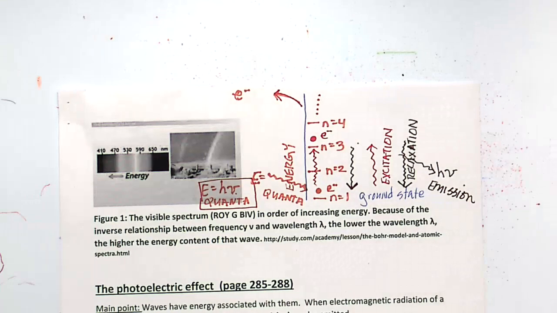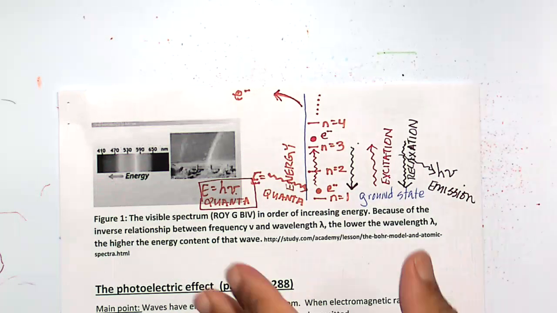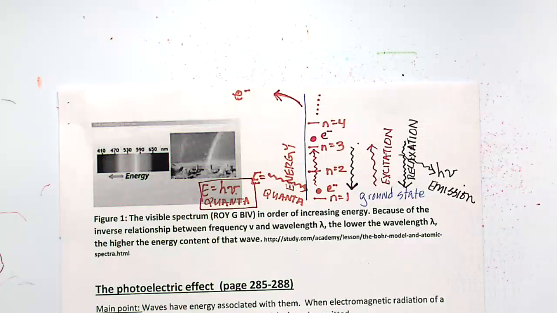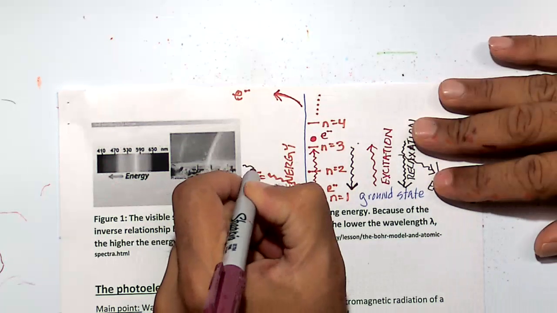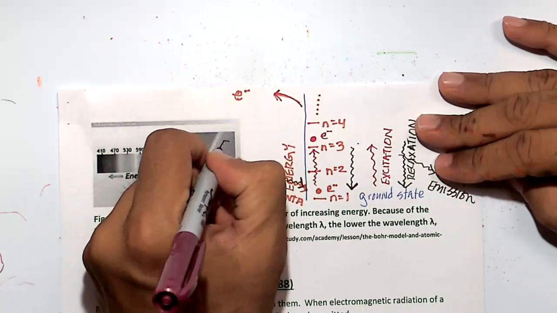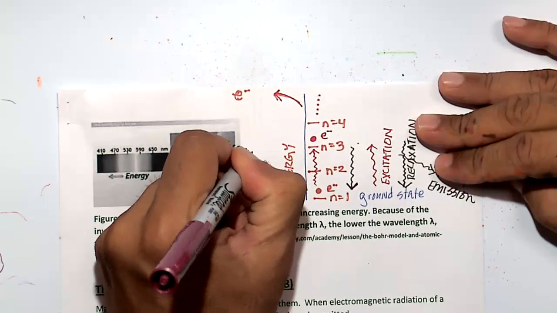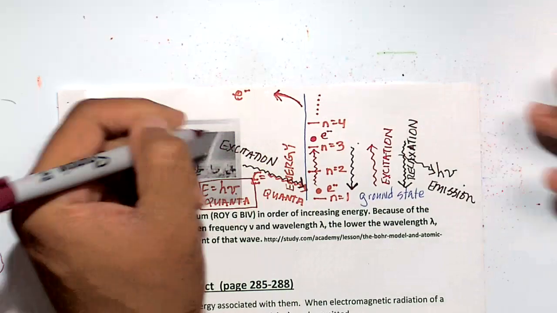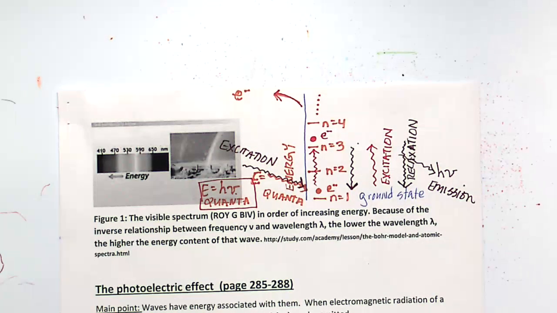So the photoelectric effect is excitation with a quanta. So here, going this way, we have excitation to a higher energy level, then it relaxes back to ground state, or you can be morbid and say it dies off.